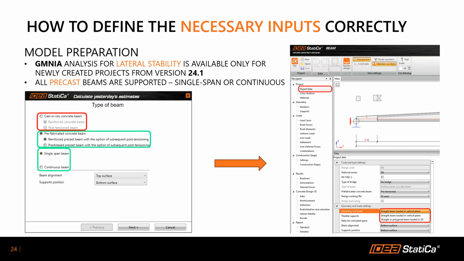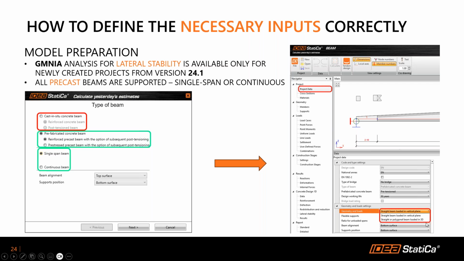They can be single span or continuous. So cast in situ concrete beams are not calculated for LTB, but prefabricated concrete beams can be calculated, single span or continuous. One additional information: when you are in the first phase of your design and you are defining the project data, you have the option to choose a straight or polygonal beam loaded in 3D.